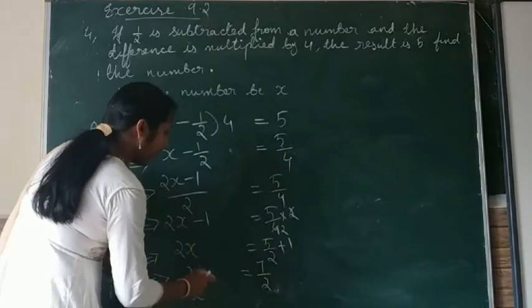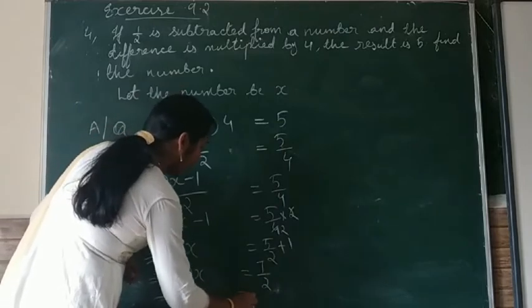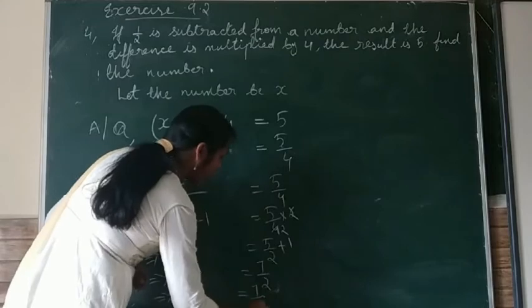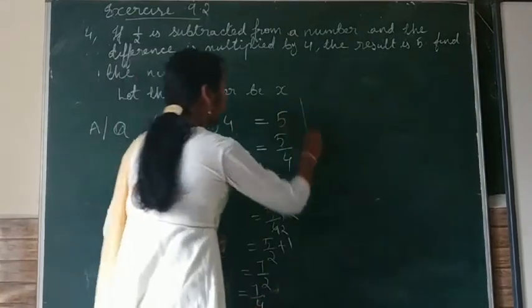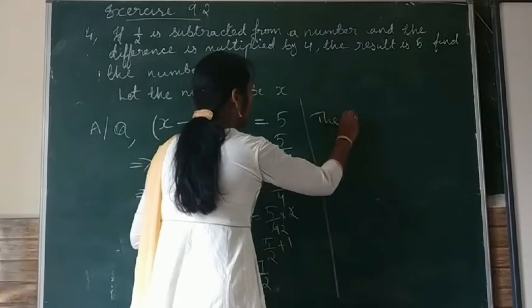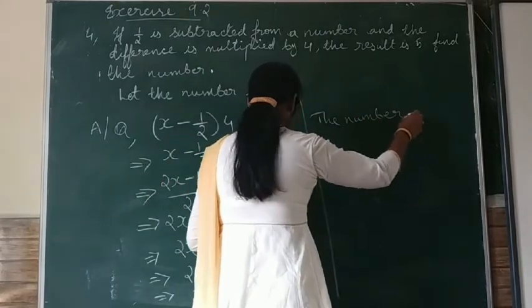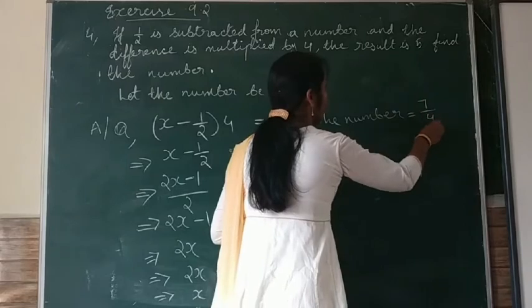So 2x is equal to 7 by 2. Dividing both sides by 2, we get x is equal to 7 by 2 divided by 2, that is 7 by 4. So the number required is 7 by 4. This is the answer.